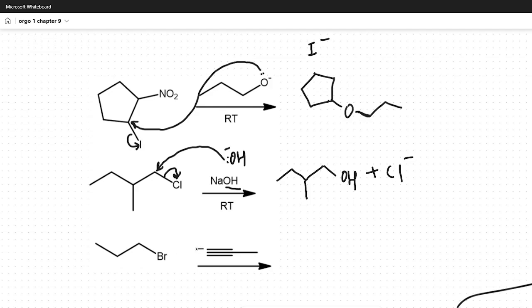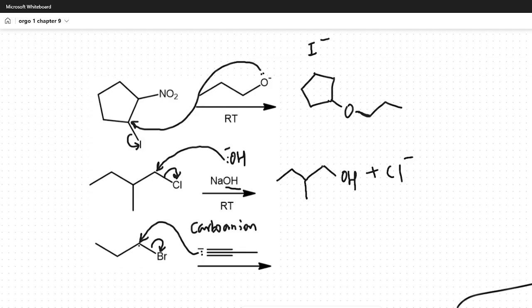And the last one, the nucleophile is actually a carbon anion, which is a carbon with a negative charge or a carbon with a lone pair. The bromide is going to be the leaving group. The leaving group leaves with a pair of electrons, which is the bond it used to have. And this pair of electrons will be coming to compensate the loss of this carbon.